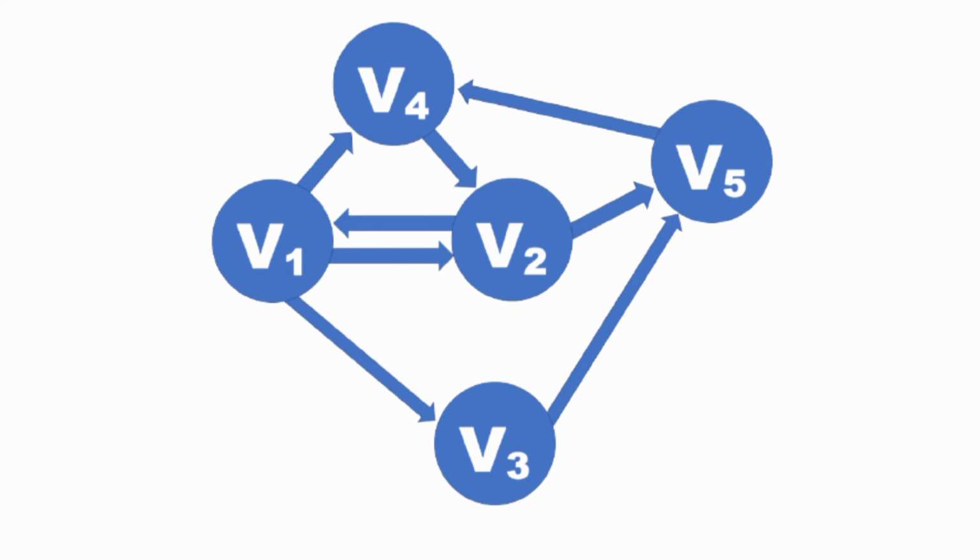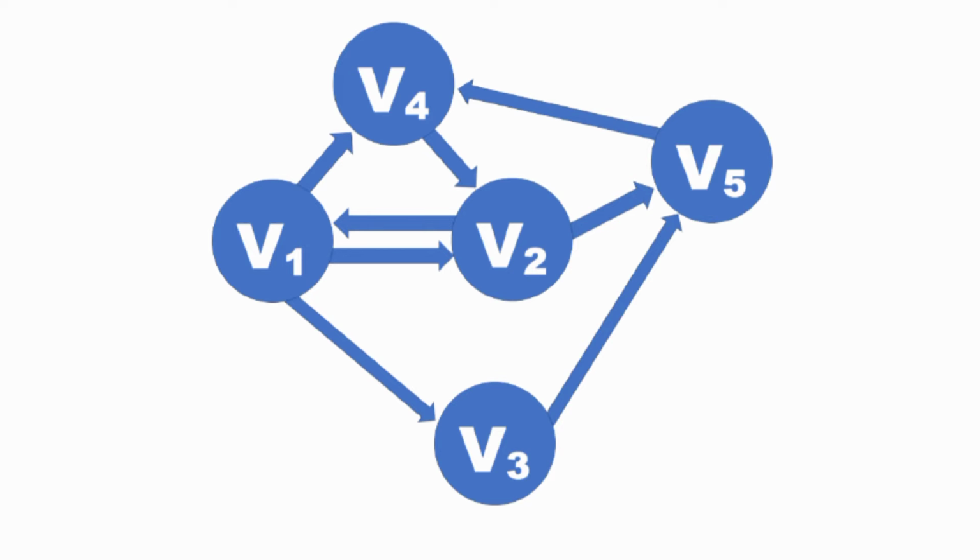Now I have here an example to use these two methods. As you can see in the diagram, there are 5 vertices. V sub 1 has a directed path to V sub 2, V sub 3, and V sub 4.